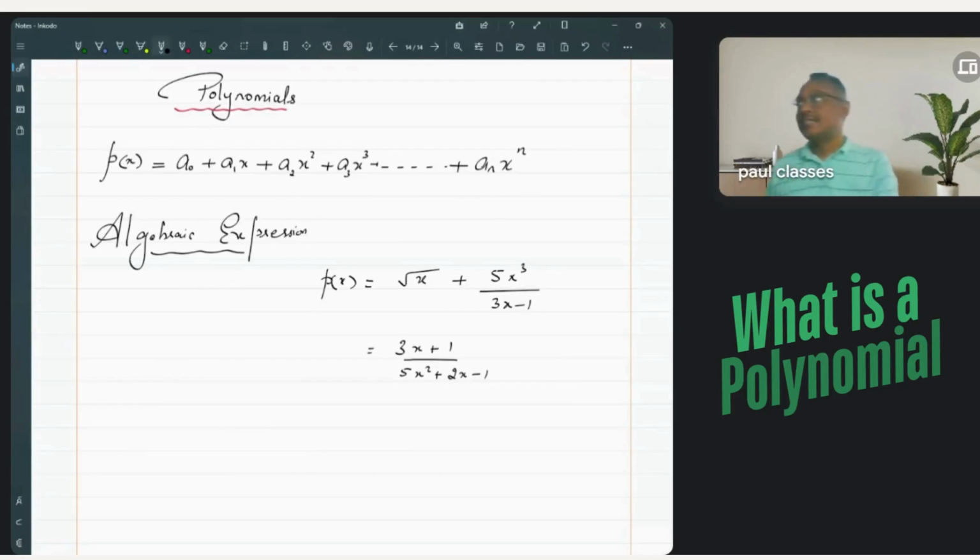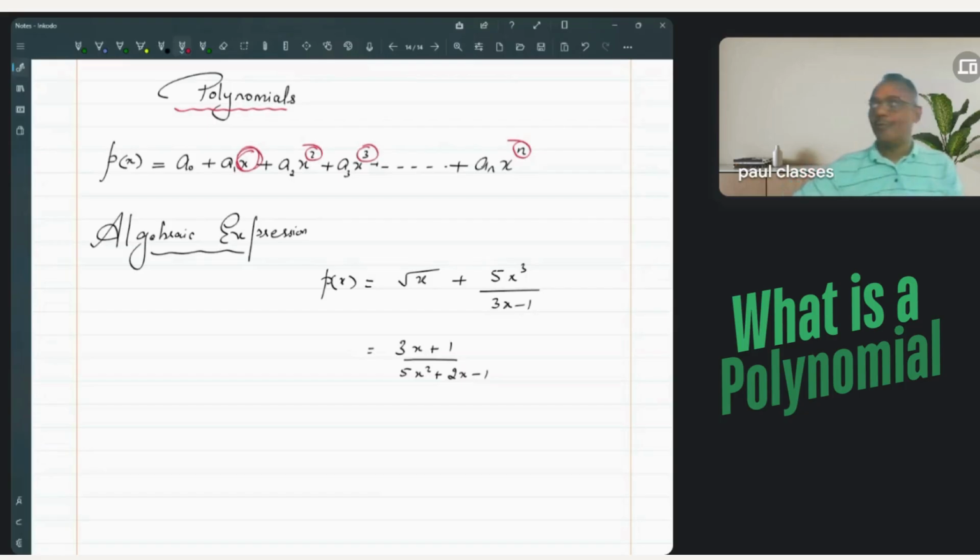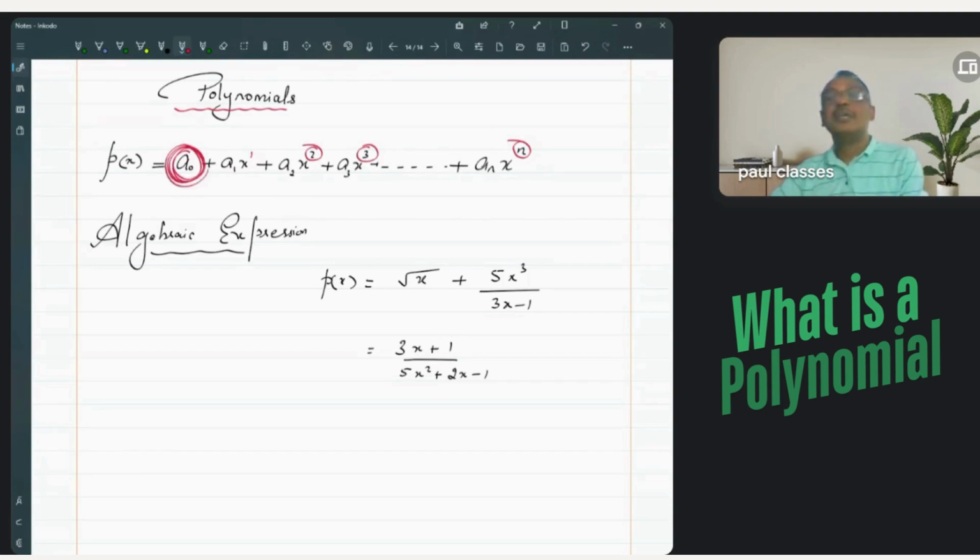What happens is, the power of the variable should always be a whole number. What is the power of x here, children? 1. Is there an x here? Yes, there is. I can write it as x to the power 0.